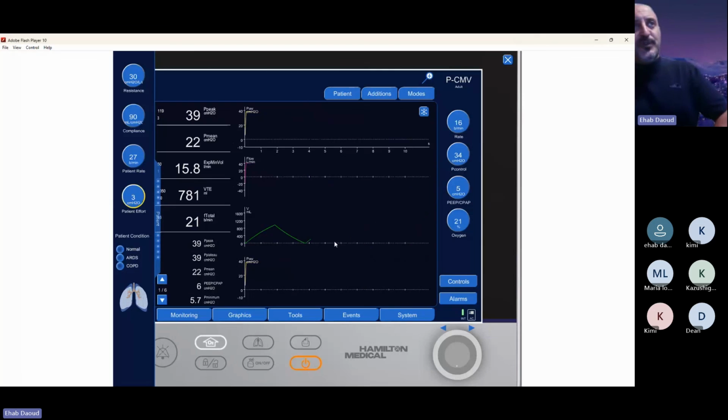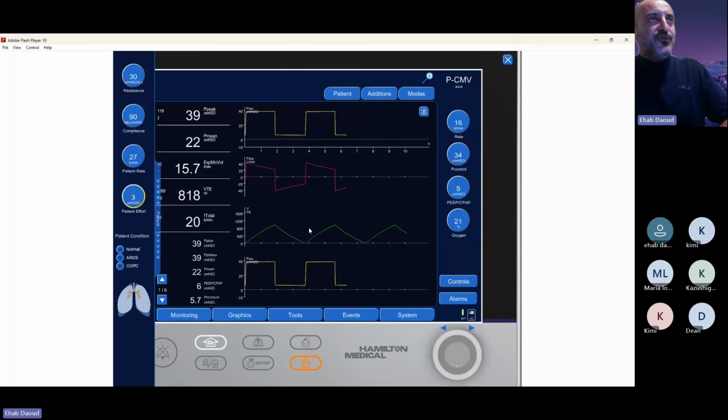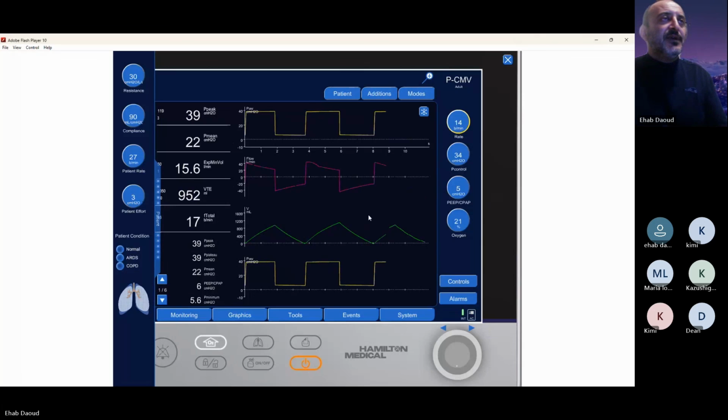So I just want to show the missed trigger. Again, I don't know why the ventilator cut the rest of the breath.